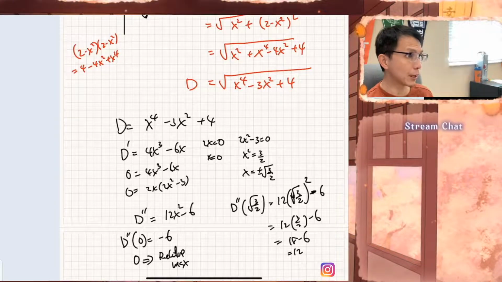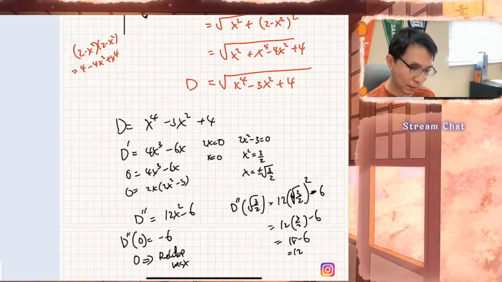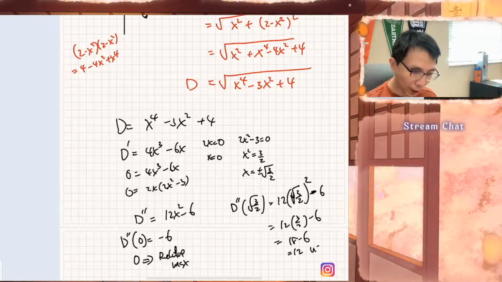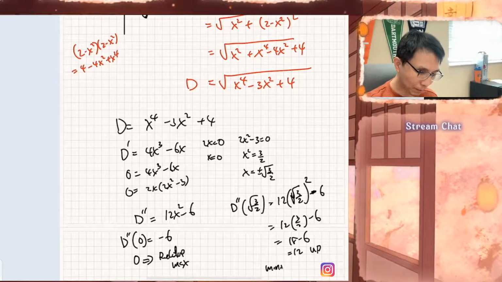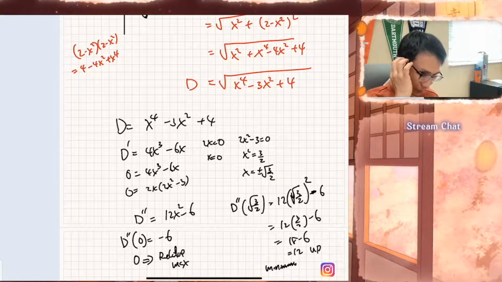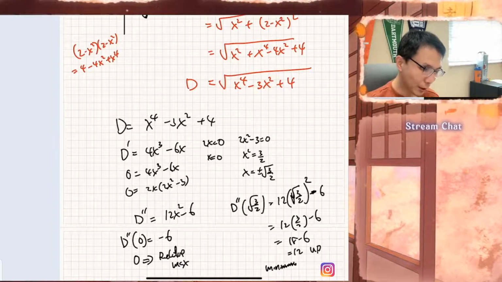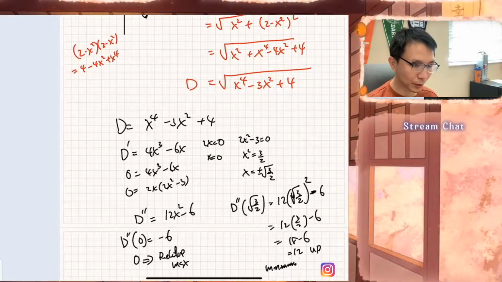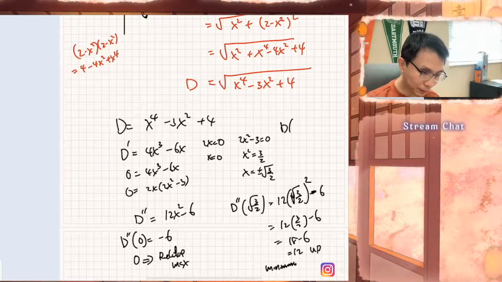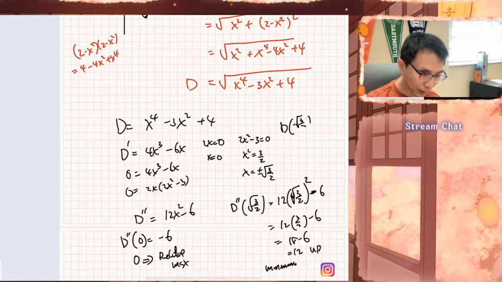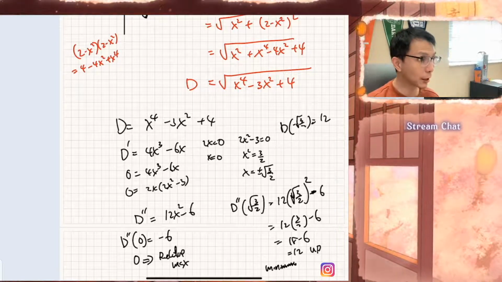If it's 12, it's concave up. Concave up means a minimum. If you plug in negative square root 3 over 2, it's also going to be the same thing. It's also 12, so it's concave up too.